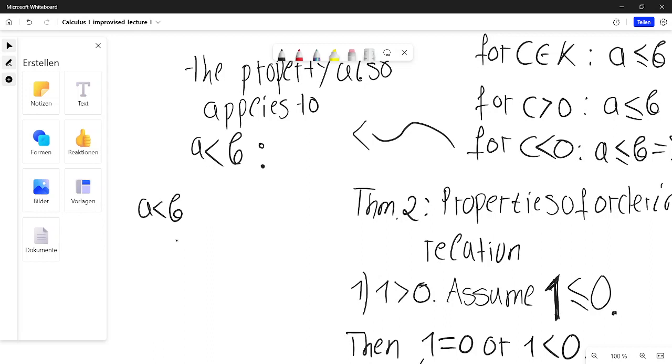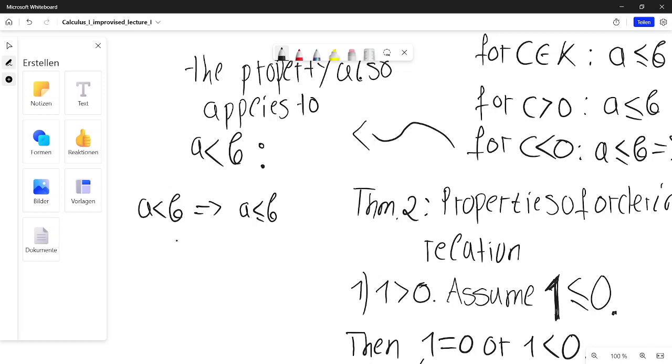Since this is equivalent to this being smaller, or both being equal, we have, of course, implications from either one of them, because the or is satisfied if one is true.